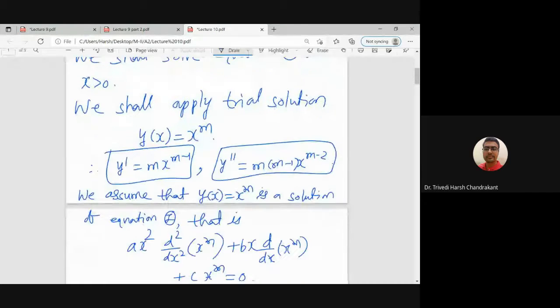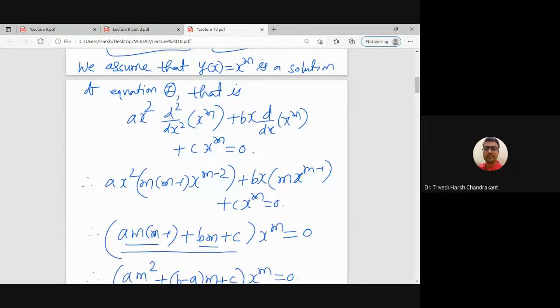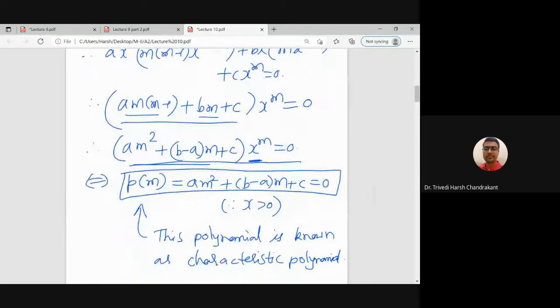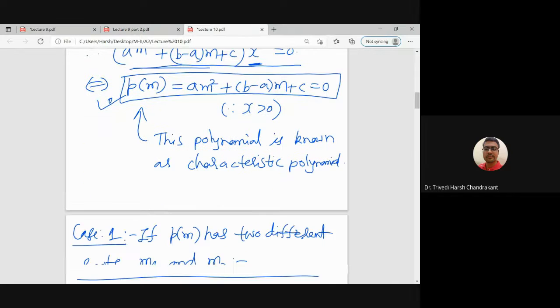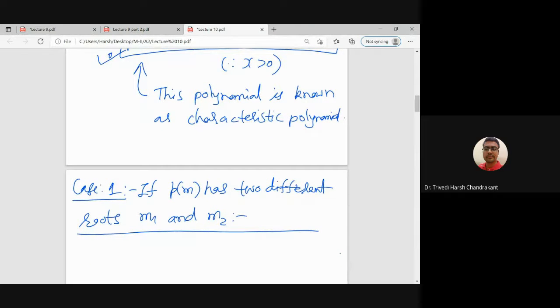We assume that this equation has the solution y(x) equals x power m, and by assuming y(x) is x power m is the solution of the equation, we get this equation to be 0. That means the values of m for which x power m is the solution are the roots of this polynomial. The first case is whenever the roots are different, that means m1 is not equal to m2.